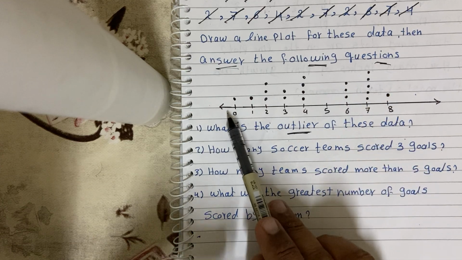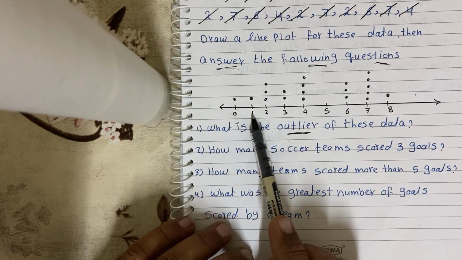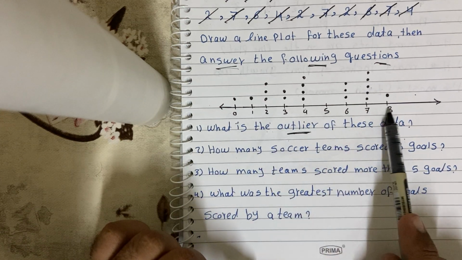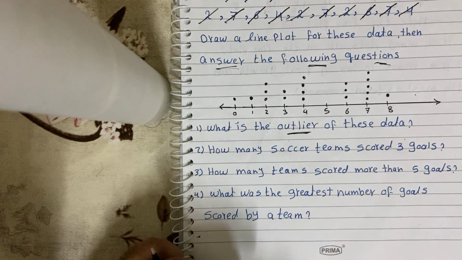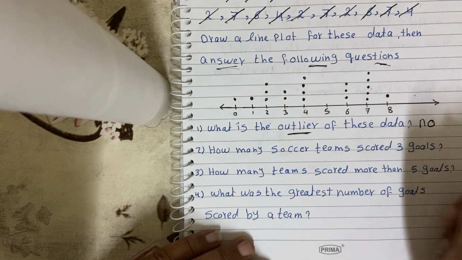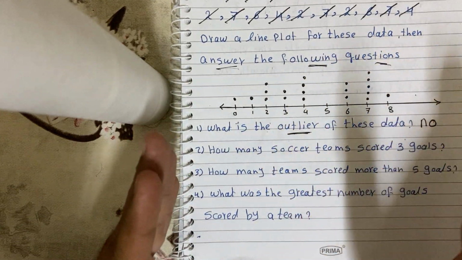Here we have all values stick together, 0 beside 1, beside 2, beside 3. All these values have dots. So there is no outlier because all values stick together.